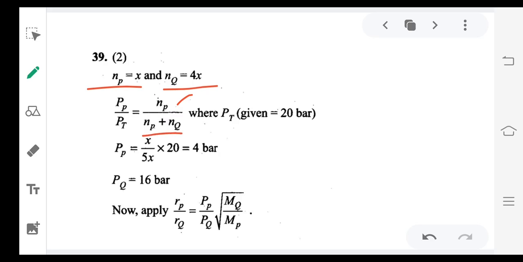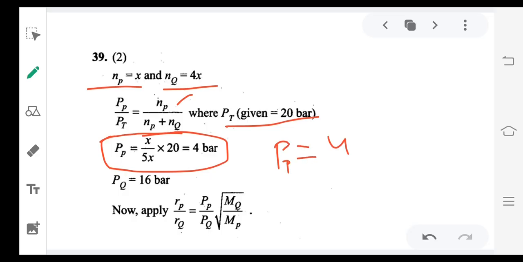So how much pressure is given? 20 bar is given. That's why partial pressure of P you can calculate, that is X by 5X into 20, which equals 4 bar. So partial pressure of P we got, that is 4 bar.